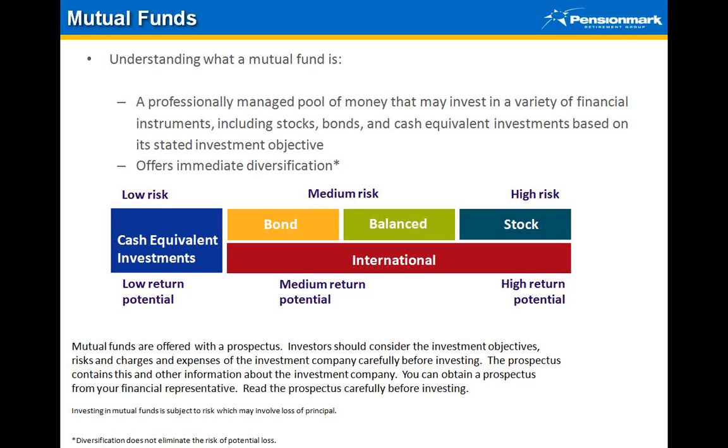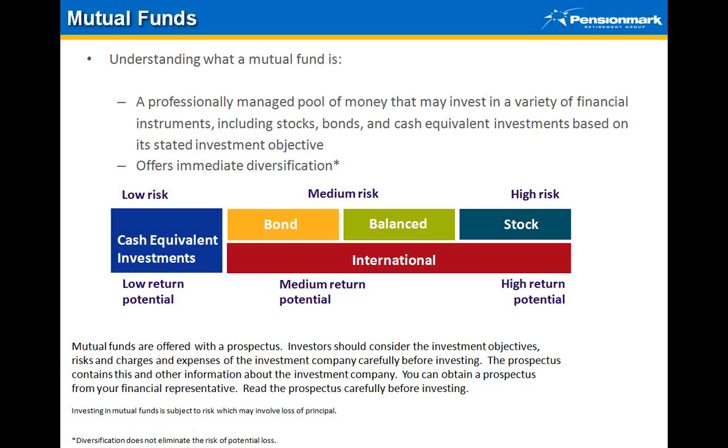And then in the middle of the spectrum, you've got your medium risk, medium return potentials, and that would be your bonds or debt securities, as we refer to them. That would include your balanced, which would be your target date type funds, funds that include both stocks and bonds in our portfolio perhaps. And even part of the international type funds can fall in the medium risk because the international funds can include bonds as well.